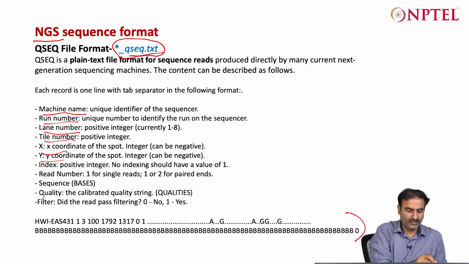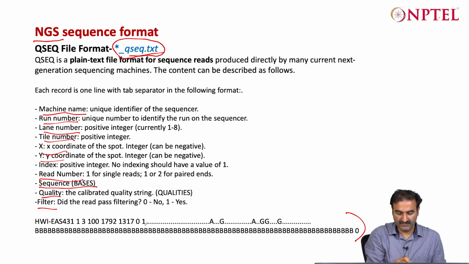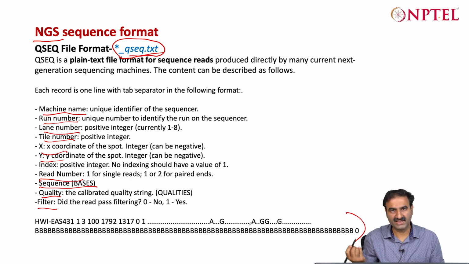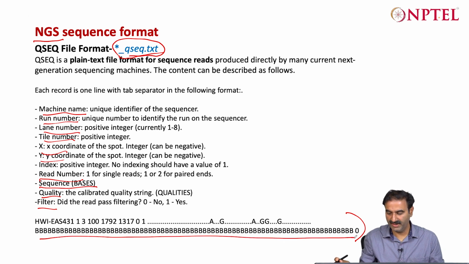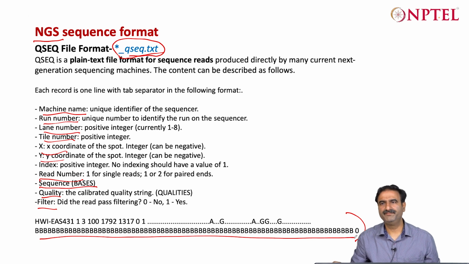Then the read number, the sequence bases, quality and filter. In the sequence bases, you can see a dot, which means no sequence was reported in that position. That means nothing was available over here, and the quality is written here, like B. This B refers to some quality score or value.